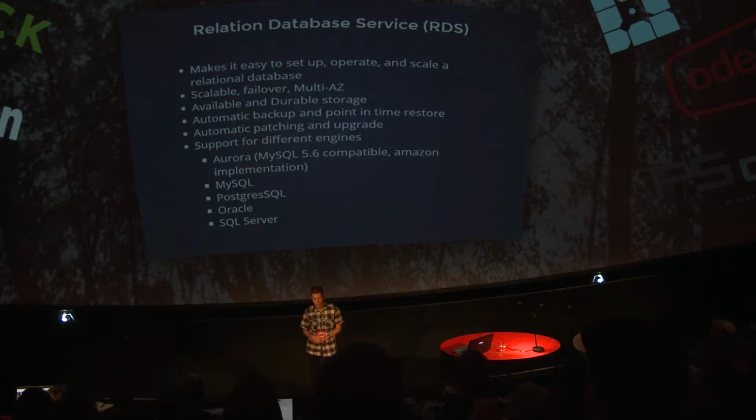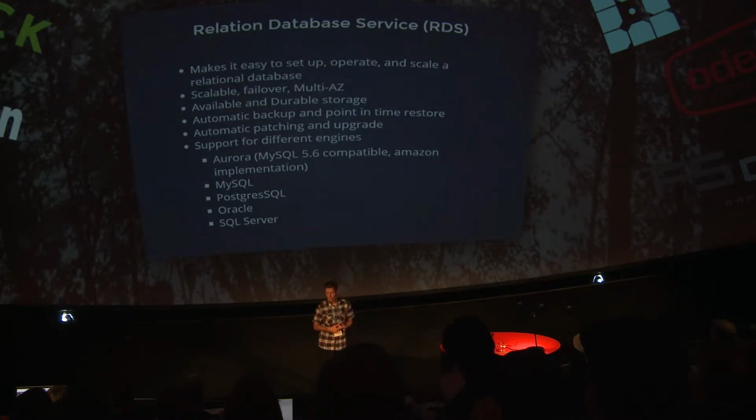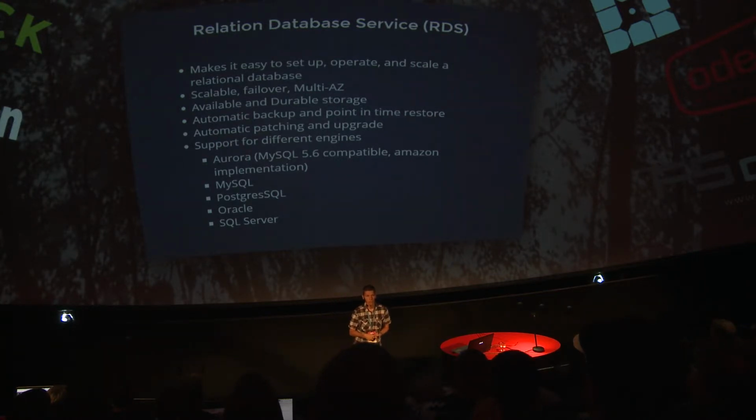It does support automatic backups also, which is one nice feature. I think at this moment you can store up to 35 daily backups of your data, and you can restore any point in time with these backups.